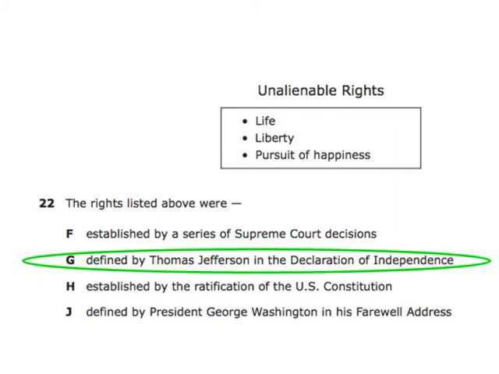We find these truths to be self-evident, that all men are created equal, that they're endowed by their Creator with certain unalienable rights, and among these are life, liberty, and the pursuit of happiness. That's the Declaration of Independence. He was declaring that we are going to be independent from Great Britain, and why we are declaring our independence, and why we need to be independent, and why we have these rights.